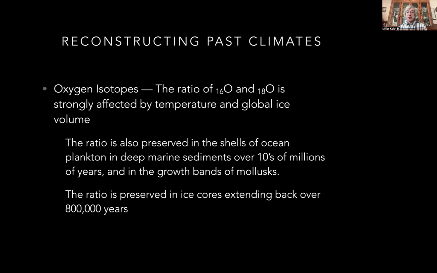The oxygen that's incorporated in that calcium carbonate is taken out of the water, and the water at a given time in the ocean has a certain ratio of oxygen isotopes. And as we'll see a little bit later, these isotopes are also preserved in ice cores that can go back 800,000 years or more.